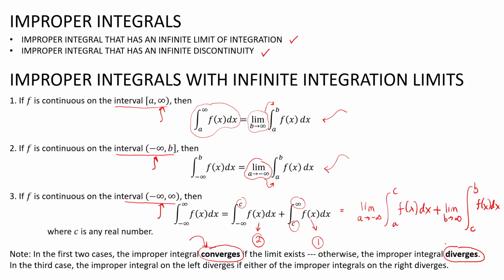For diverging integrals, the answer is still negative infinity, positive infinity, or 0, because the limit does not exist or it's not exact. With an infinite answer, you don't know up to which point the answer goes because it's in infinity, especially for negative infinity also.